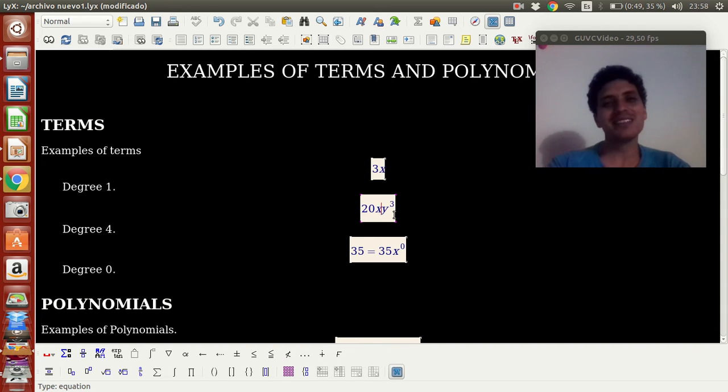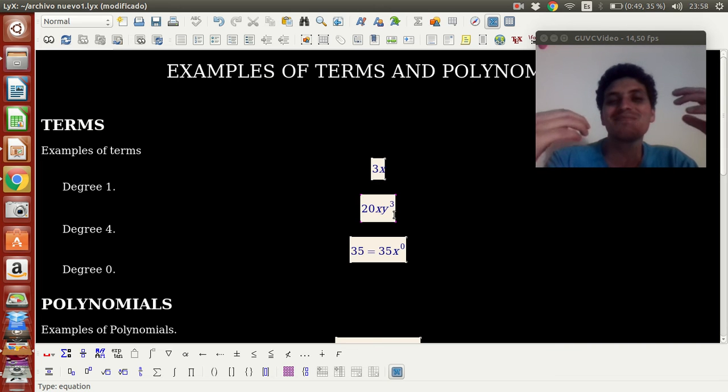In math it is fantastic. It's not like physics. In physics, the physics we know in high school, we have just 3 dimensions and the time dimension, so 4 dimensions. But in math we can have more than 4 dimensions.